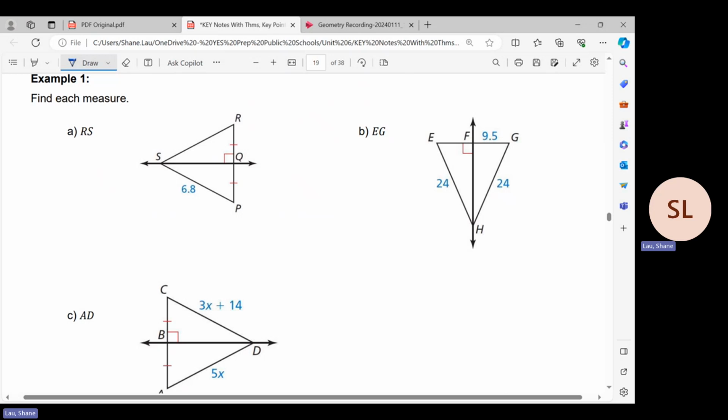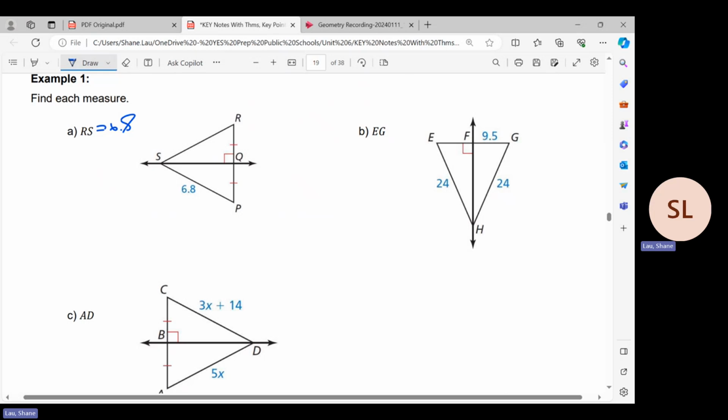Well, if we know our theorems very well, we would pretty much automatically assume this has got to be 6.8. And for those people who assume that, you'd be correct. RS does equal 6.8, but I want us to make sure that we know exactly why.